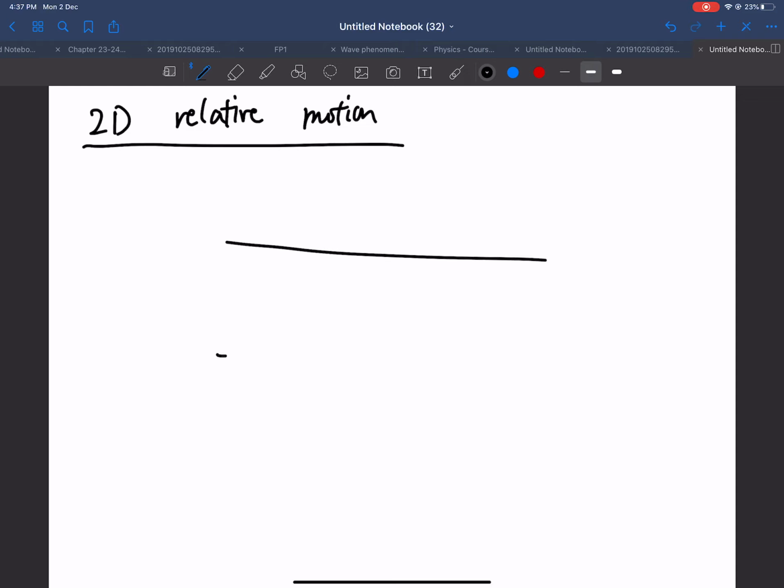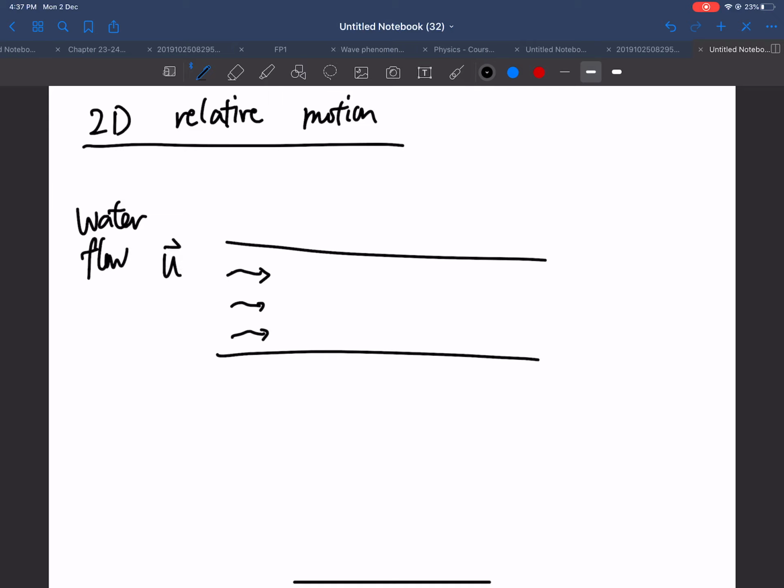Here's a bank of the river. The water flows with velocity vector u, on the right hand side.